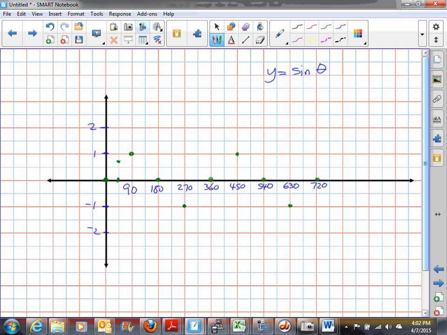So we would have this point here and this point here, and then down here it would be -0.7 and -0.7. So if you were to draw a smooth curve of the sine graph, the first period would look something like this, and then it would repeat that same cycle over and over again. So the sine graph will look something like this.